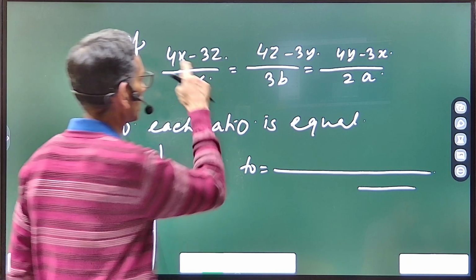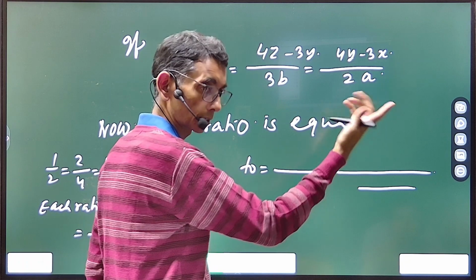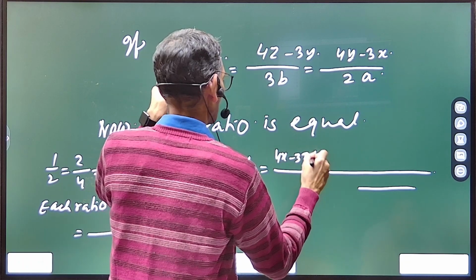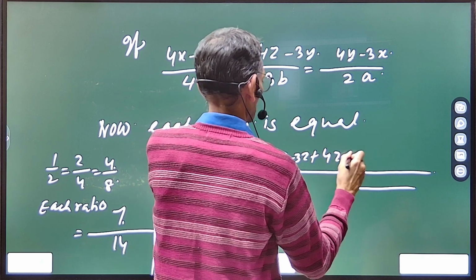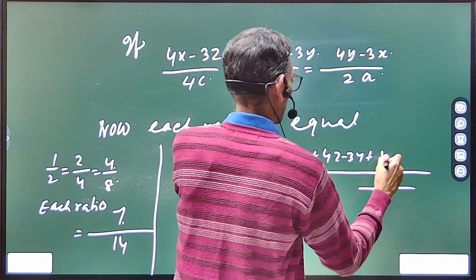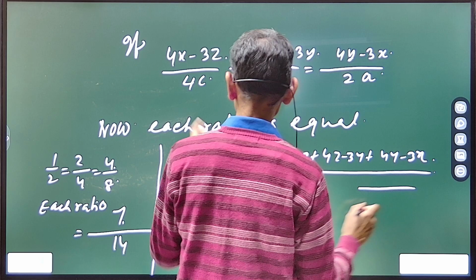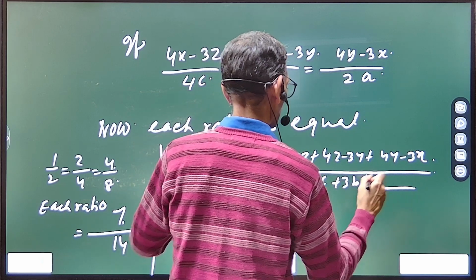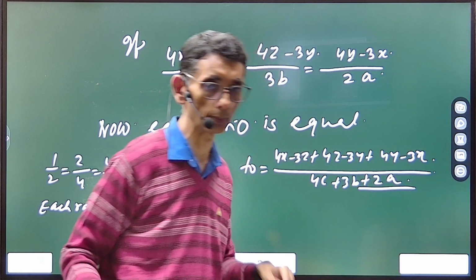Simply add these divided by adding these. Add 4x minus 3z plus 4z minus 3y plus 4y minus 3x, divided by 4c plus 3b plus 2a. Now simplify.